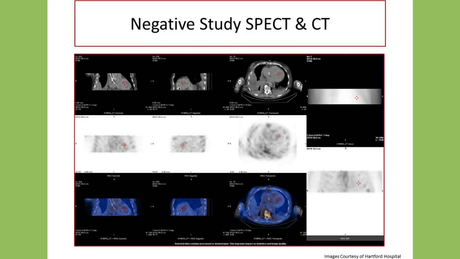So if we look at this image, the CT is on the top, the SPECT imaging is in the middle, and the fused images are on the bottom. And as we can see, there's no identifiable myocardial uptake in the SPECT images themselves compared to the bone, which is landmarking and not involved in the myocardium at all.